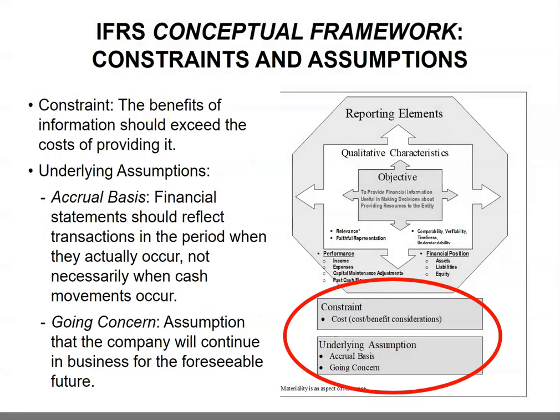Useful financial reporting is constrained by the cost of providing and using information. Ideally, the benefits derived from the information provided by financial reporting should exceed the cost of providing and using such information. The two most important underlying assumptions of financial statements are the accrual basis and the going concern.